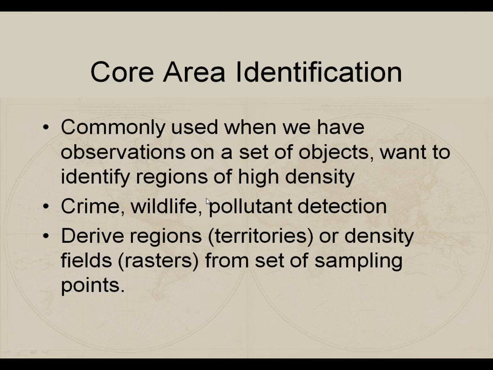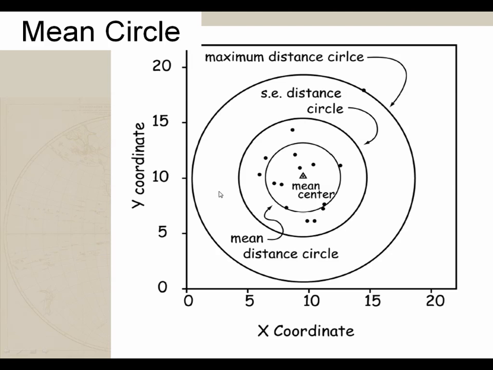We can use a mean circle where we would take the X and Y, and average the X and Y location to find the center of the spatial locations. And then we would use the distance to all the points from that center to create an average circle.